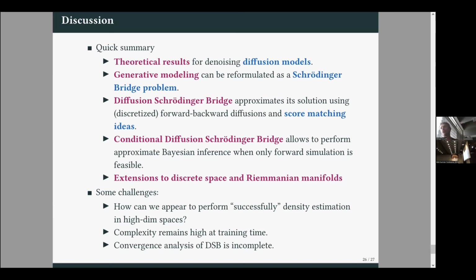And there are a lot of extensions one can work on. My group has in particular developed an equivalent of this denoising diffusion model on discrete spaces. We look at it also on Riemannian manifolds for some applications to protein generation. It's a very exciting area where, if you like a bit of maths and you like to do cool things, it's really interesting and there are still a lot of open questions. Okay.